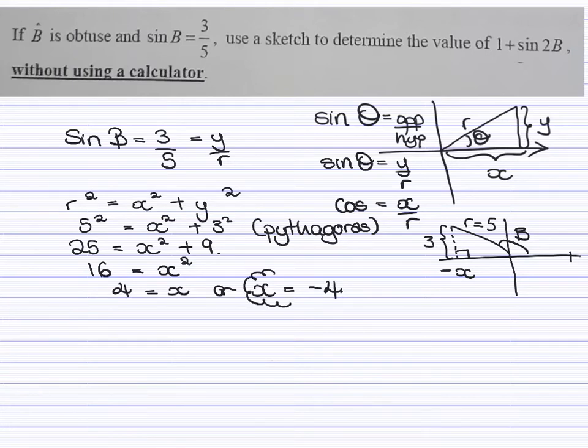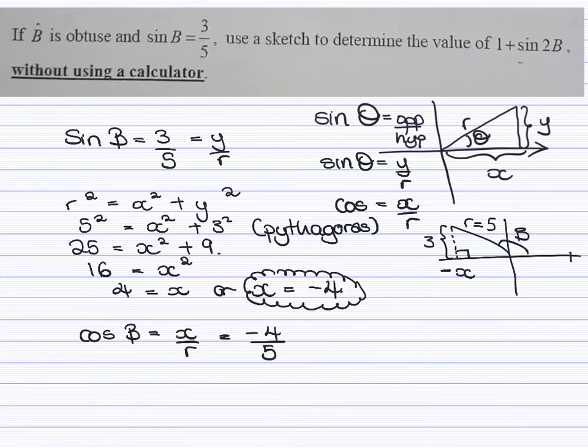So we are going to use x is equal to -4. Now I can actually figure out what cos b is. Cos b is x over r, and x we just worked out is -4, and r is 5.